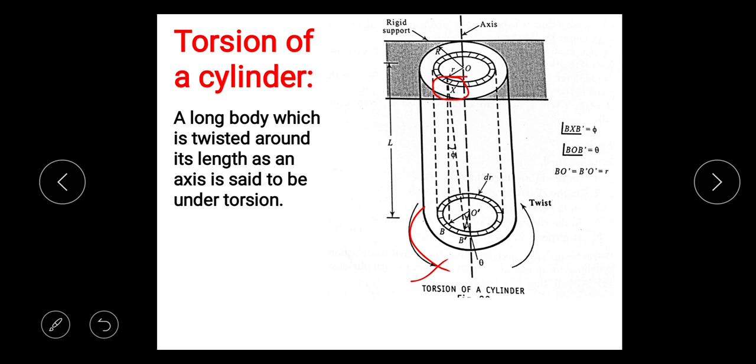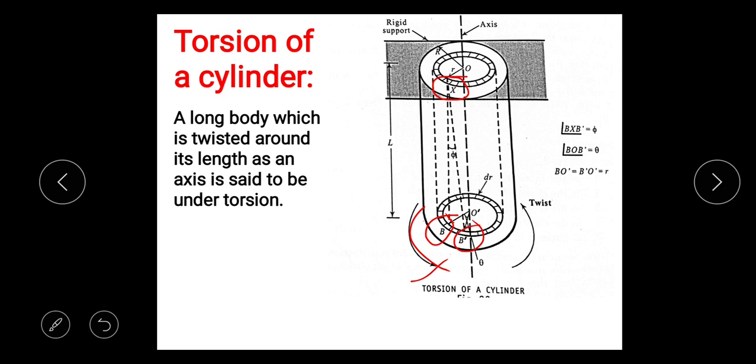It remains fixed, and a point like B at its bottom, this is another point B at its bottom, shifts to B dash while the cylindrical rod is twisted, so that point X remains in the same place and B shifts to B dash.